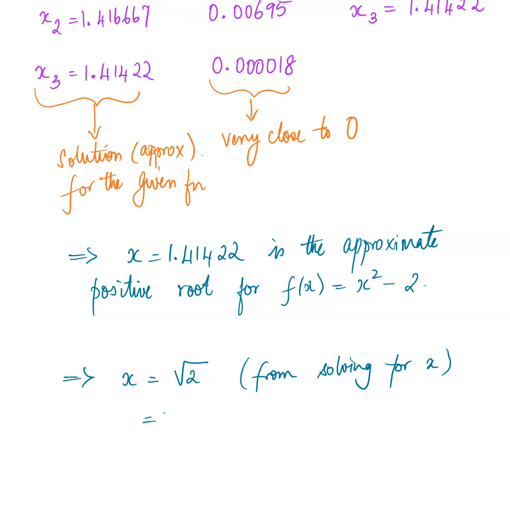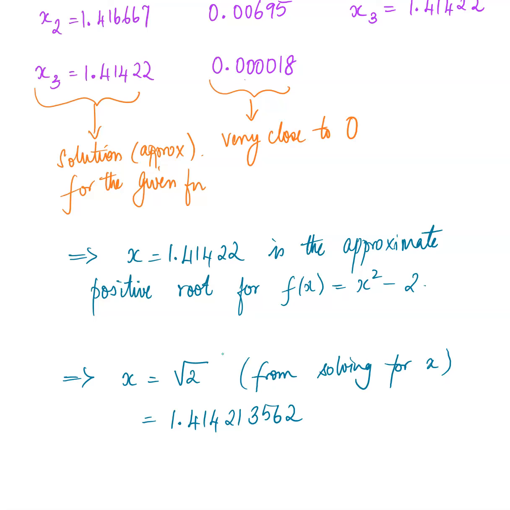And to your surprise, you'll see that that is actually giving us this very answer. In fact, it gives us 1.414213562. So if you look at the approximate answer we have, you can see how nearly close it is for up to 4 or 5 decimal places.